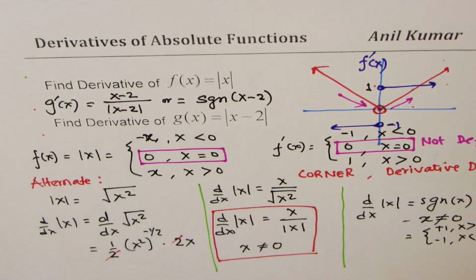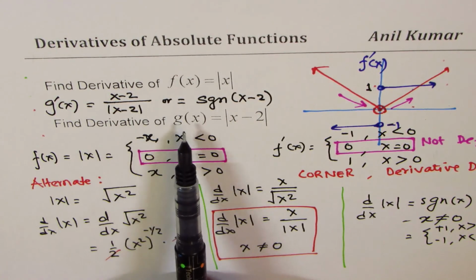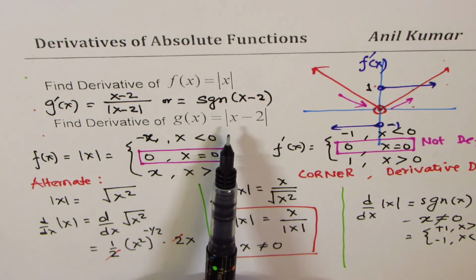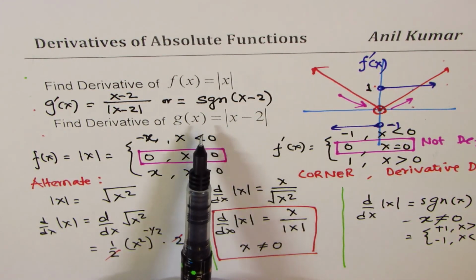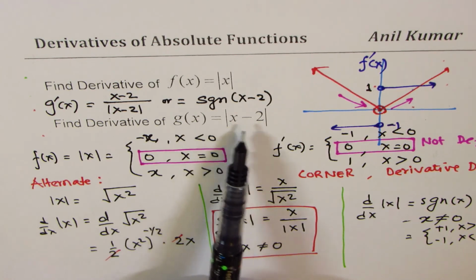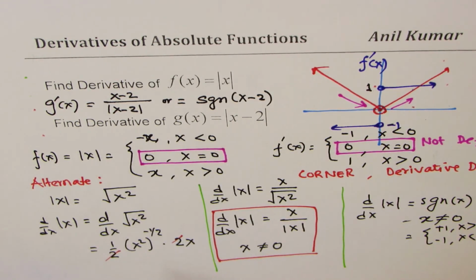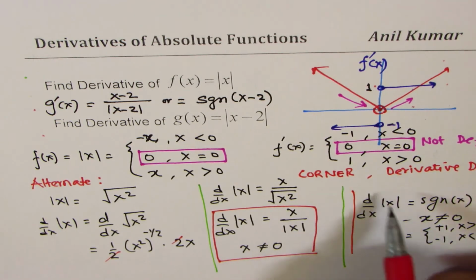So the derivative of g of x is signum x minus 2 when you write g of x as absolute x minus 2, just as we wrote here.